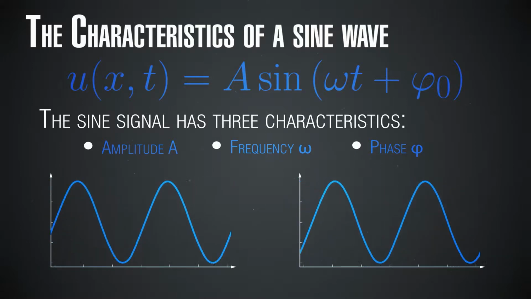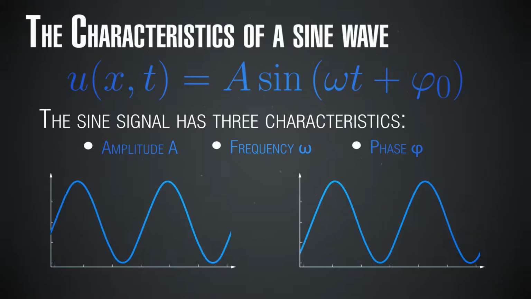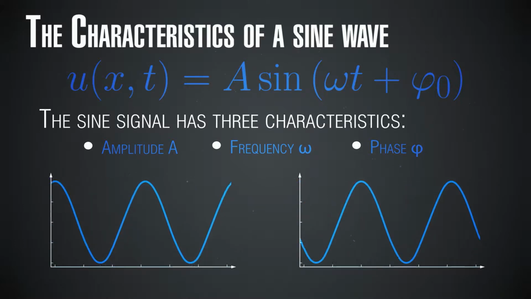Well, in the case of electromagnetic waves, we also have polarization, so we can also distinguish 2 electromagnetic waves by their polarization state. But just neglecting polarization at this point, we have these 3 characteristics which we can modify and in which we can embed the information of the lower frequency signal. So suppose we choose the amplitude.